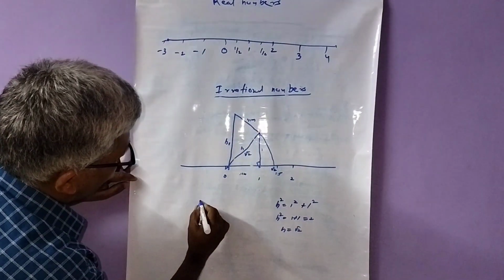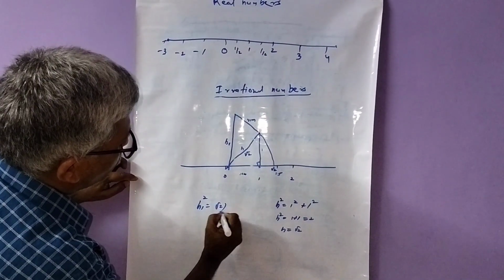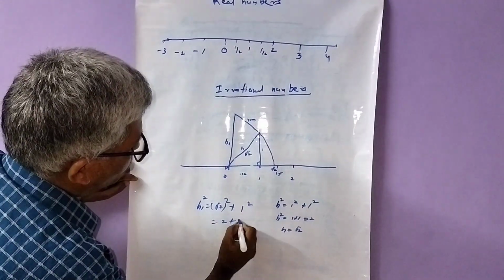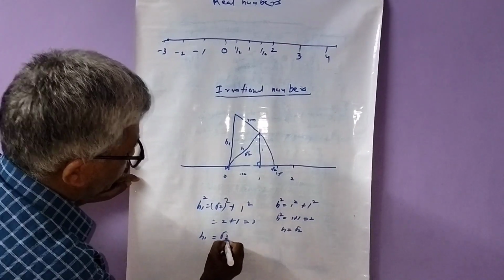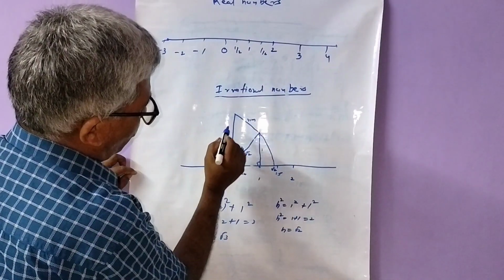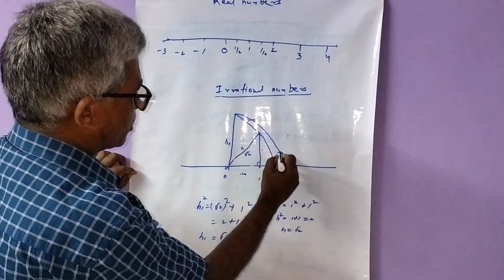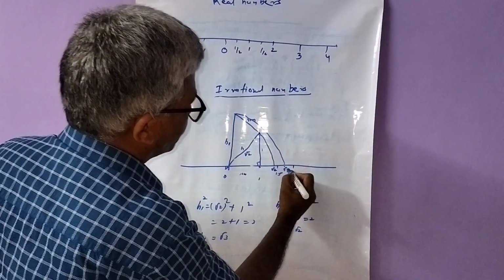This will be h1 square equals root 2 square plus 1 square, or 2 plus 1 equals 3, or h1 equals root 3. Now if you take this as radius and draw an arc on the number line, it will touch somewhere here. So this will be the value for root 3.